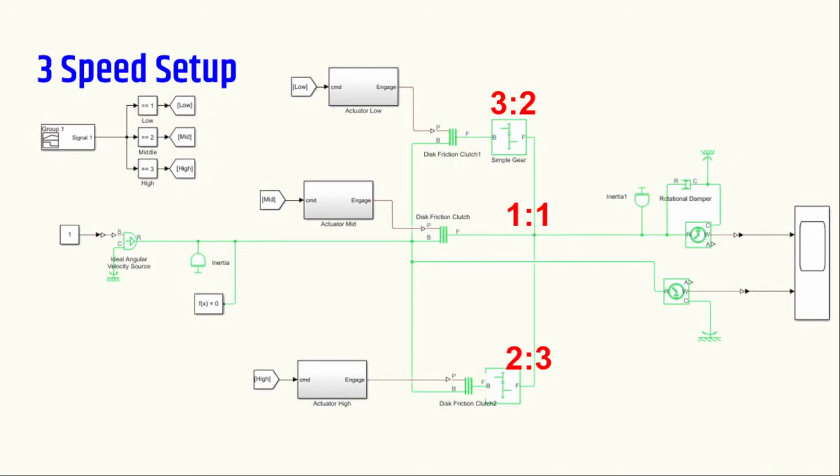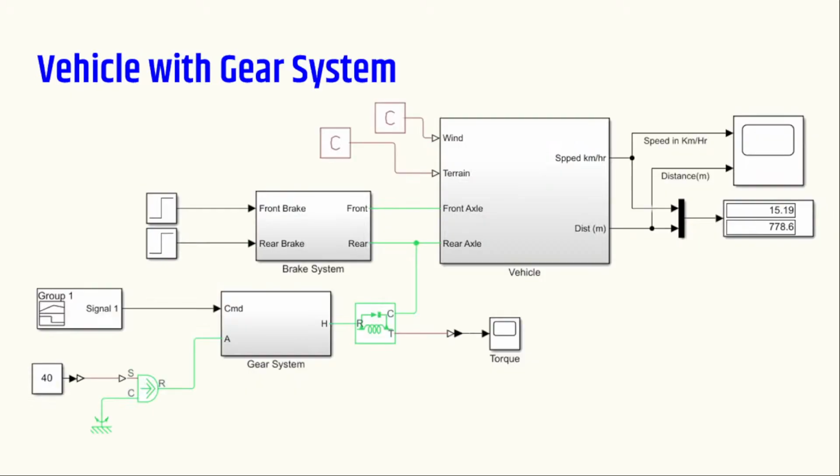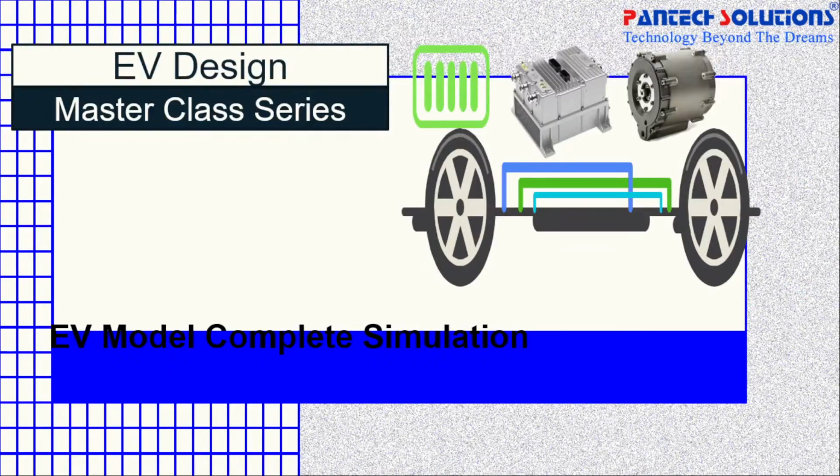Then the motor parameters, and the gearing system. Totally we are following three types of gears. How will it convert gears automatically, or based upon time, gear by gear, how it's shifting. We have to know that gearing system.